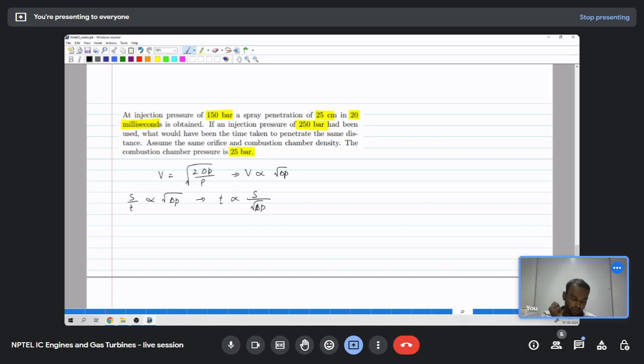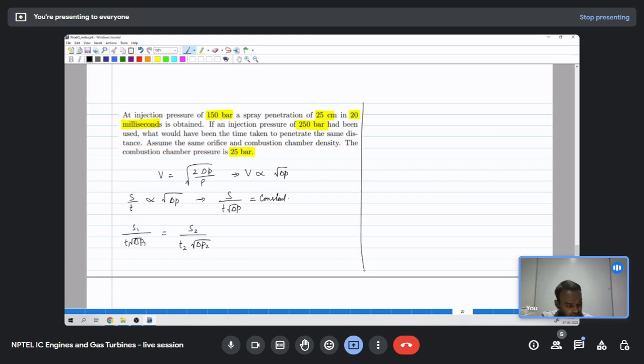So now I have, or I think it's better I write, S by T root delta P is equal to constant. So S1 by T1 under root delta P1 is equal to S2 by T2 under root delta P2.